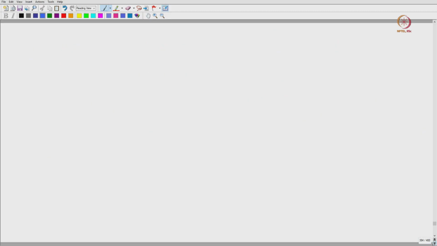Now we are going to construct the following operator.